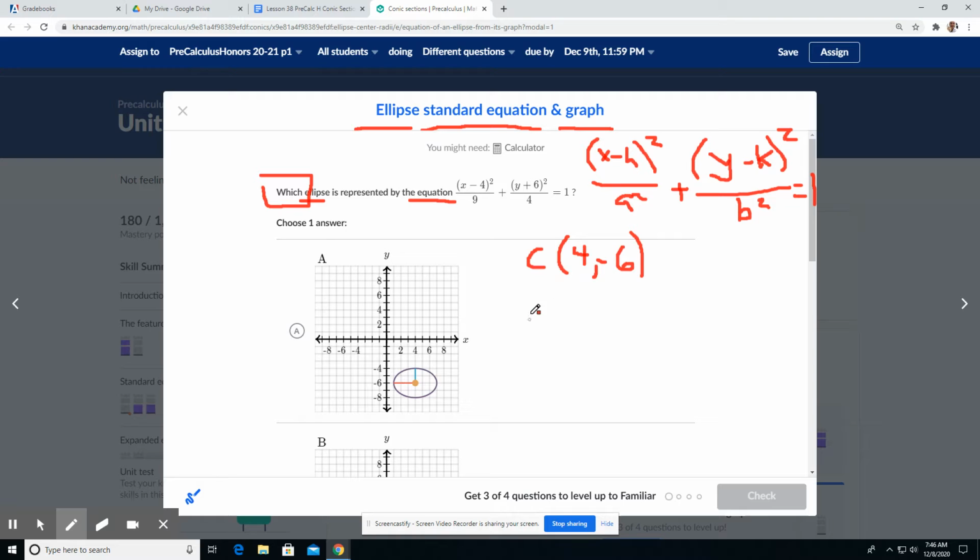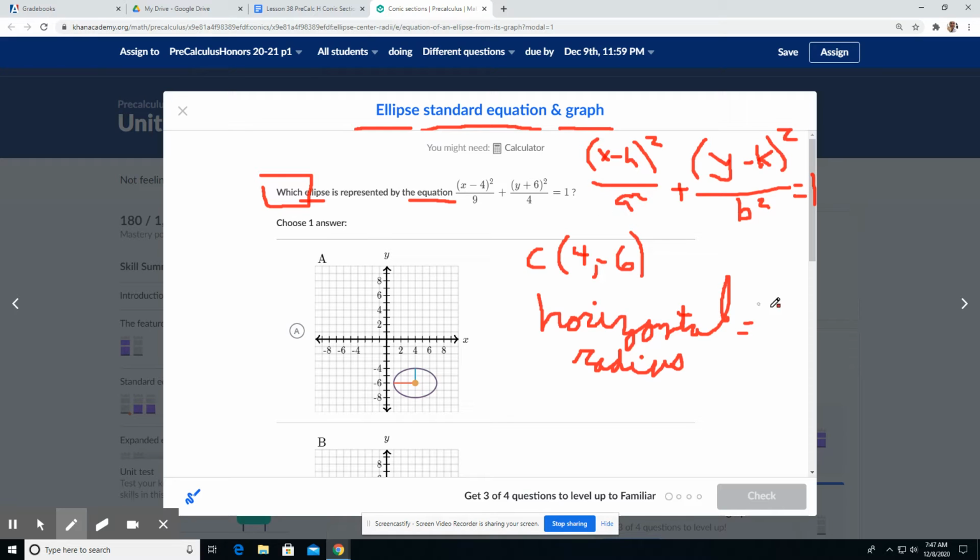And we would look at our horizontal. The horizontal radius is the number next to x. So it's the number in the denominator of the x binomial portion, and in this case, it's a 9.